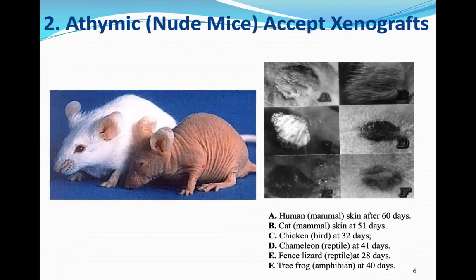Not having a thymus means that they lack T cells. And because of that, when we do the skin graft, we can graft skin from different types of animals like humans, reptiles, etc. And we find that even though this gets rejected, it takes much longer compared to the standard 10-day type reaction.